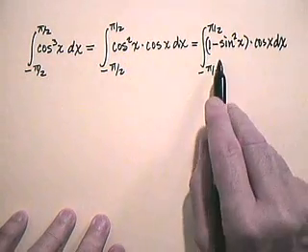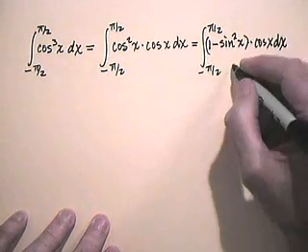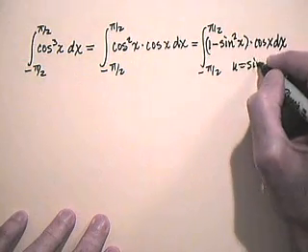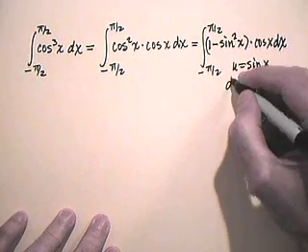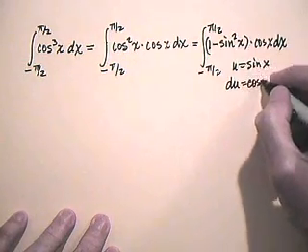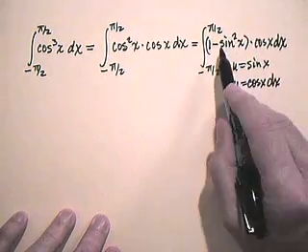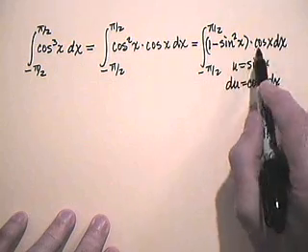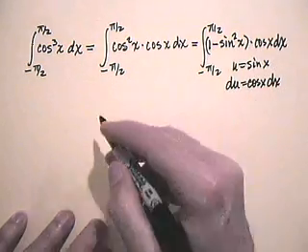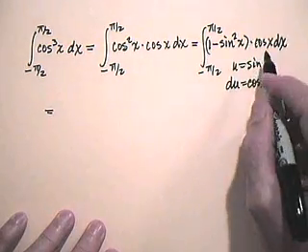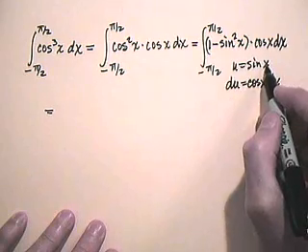Well, notice I can now do the substitution u equals sine x, for then du is cosine x dx. And so here's 1 minus u squared du. Well, let's change our limits. We're substituting u equals sine x.